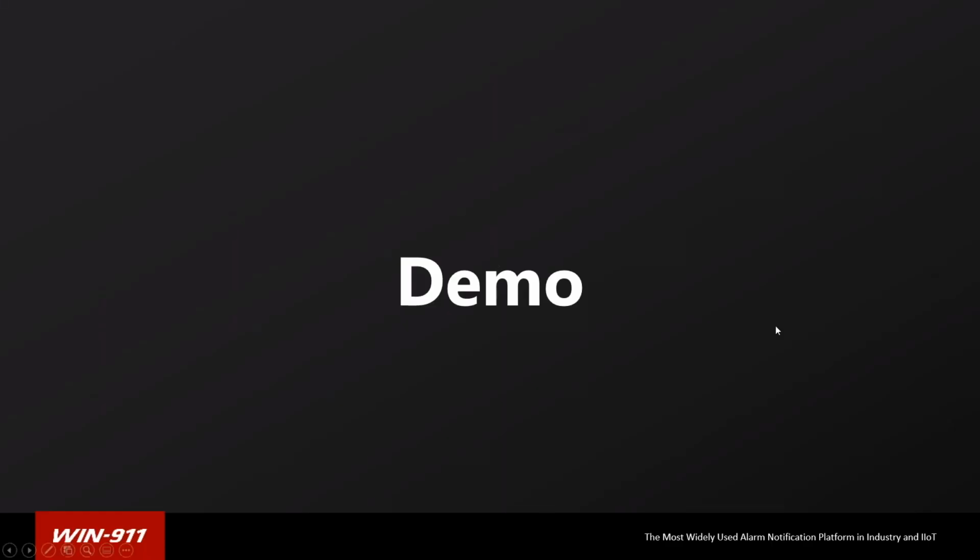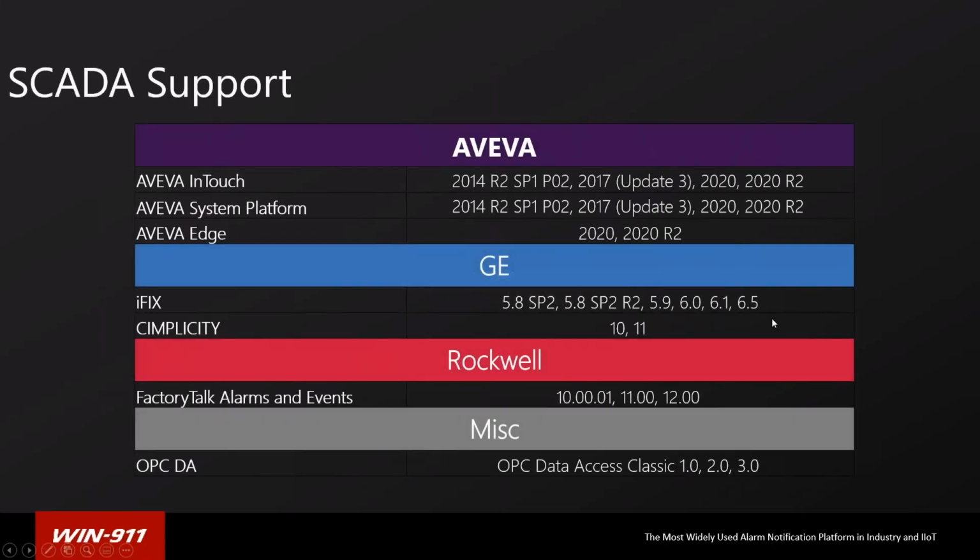And so I'm going to get back to the slides and just mention what SCADAs we do support. We have included InTouch 2014 with support for WIN-911 2021 R2. If you somehow got the R1 release, it's not going to work with 2014, so you'll want to make sure you upgrade or at least install WIN-911 2021 R2.